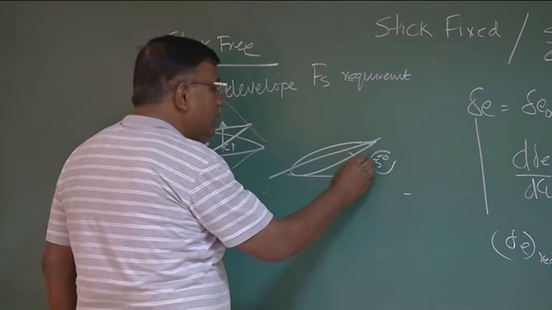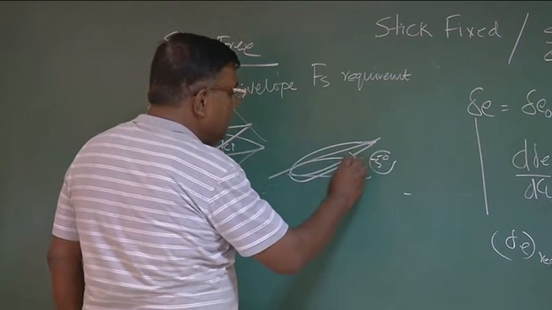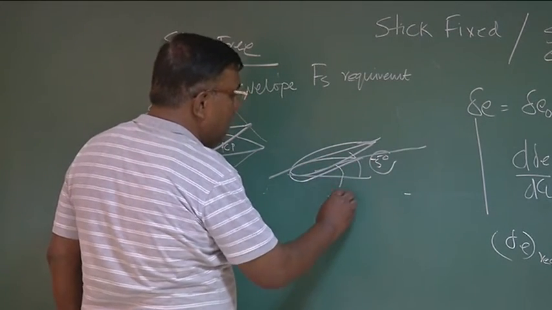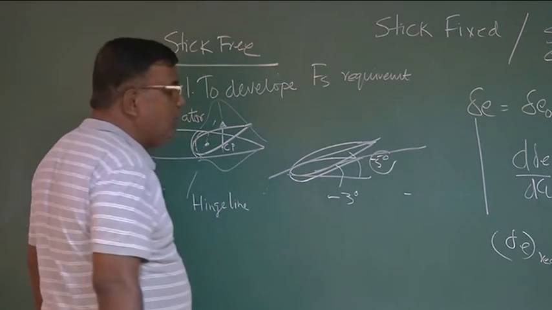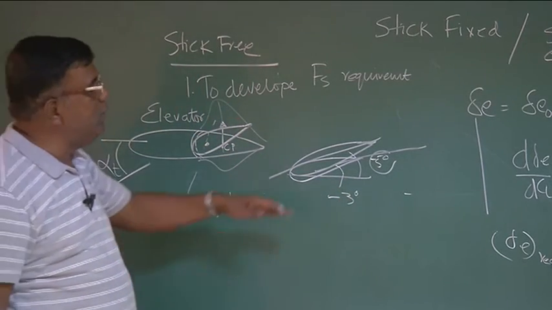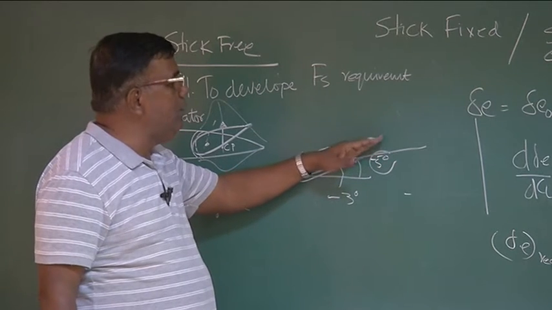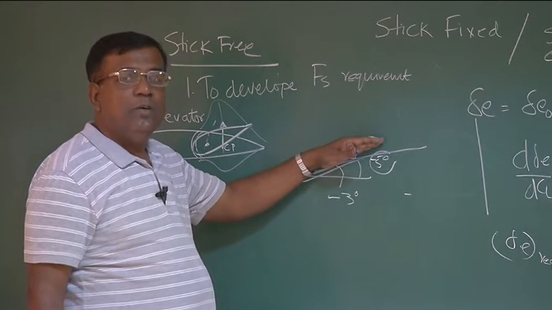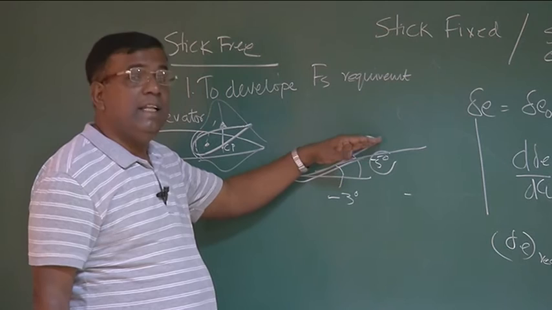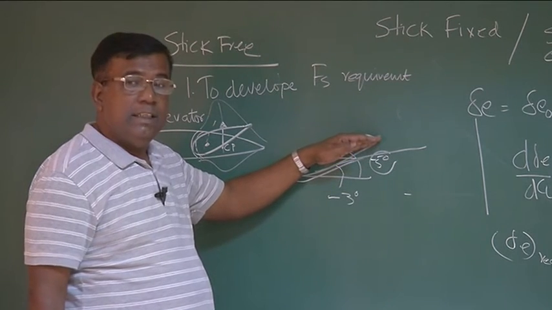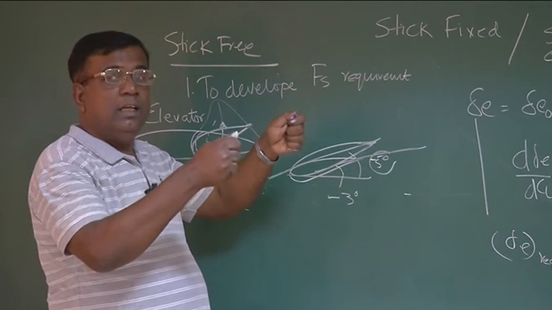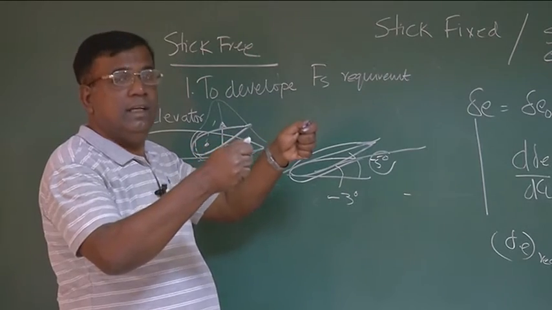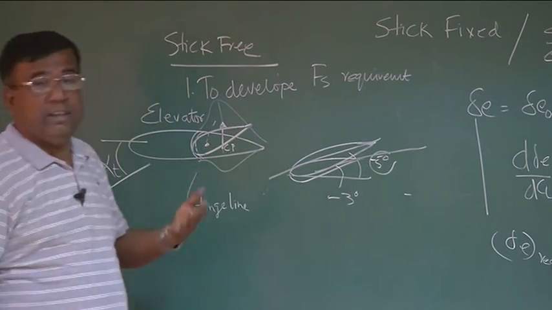Now because of floating tendency, it has gone up to, let's say, minus 3 degrees. So how much effort should the pilot put? The pilot should put effort to take it from here to this. But then what happens? The moment it comes here, again, it can have a floating tendency. So the pilot has to keep on holding the elevator in the normal case, right? And that is why we put trim tab, etc.